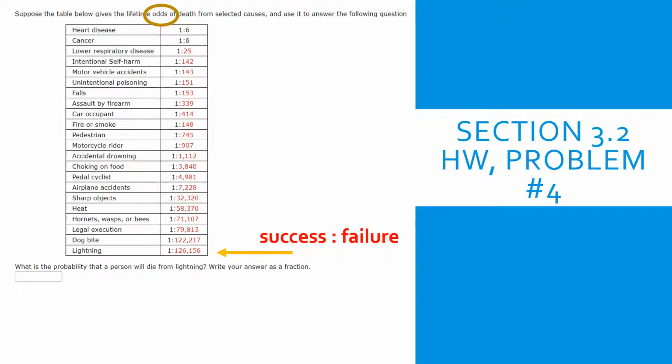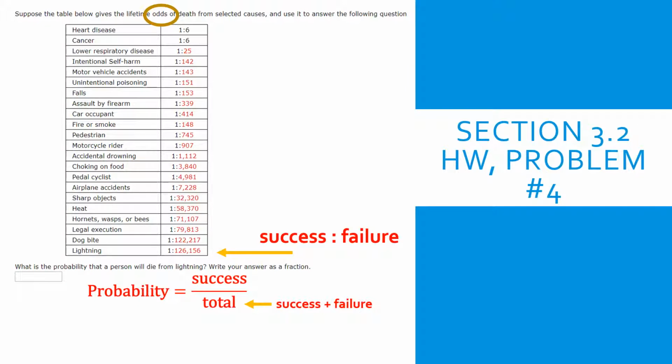Success compared to failure. So the success is 1, the failure is 126,156. Since we're looking for probability, we know that probability is success over total. So the success is going to stay the same. That's going to be 1. The total, we're going to have to add up success plus failure. So that's going to be 1 plus 126,156.